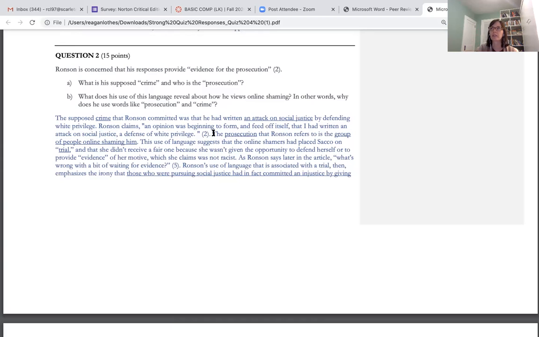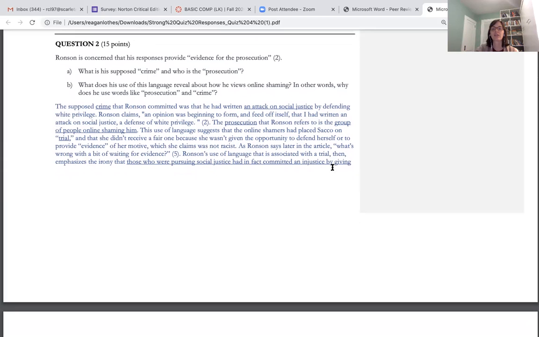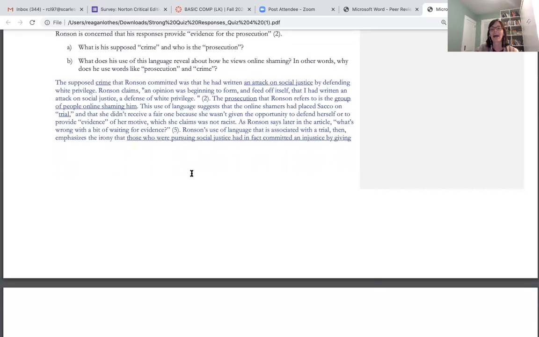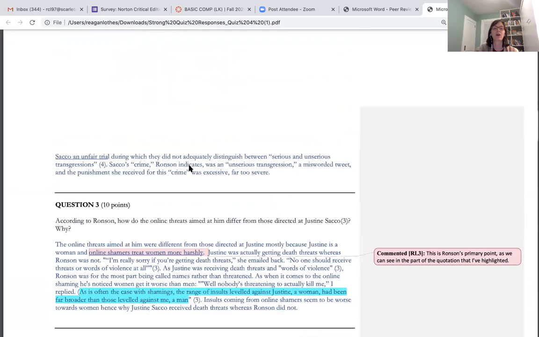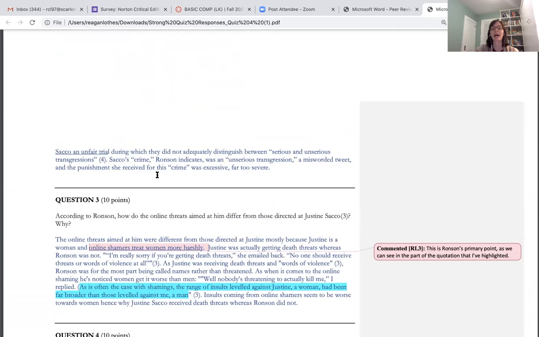And so again, a close reading strategy is not only to look at individual words and what they reveal to us about a writer's attitude, for example, but also patterns of word choice. So again, we get crime, we get prosecution, we get evidence. Ronson's use of language associated with the trial emphasizes the irony that those who were pursuing social justice had in fact committed an injustice by giving Sacco an unfair trial, during which they did not adequately distinguish between serious and unserious transgressions.